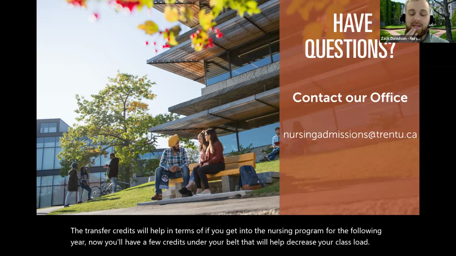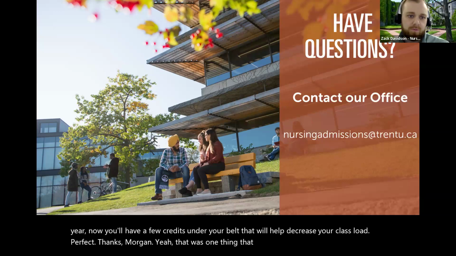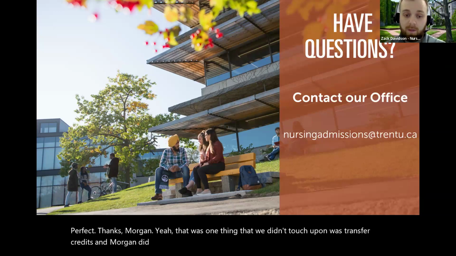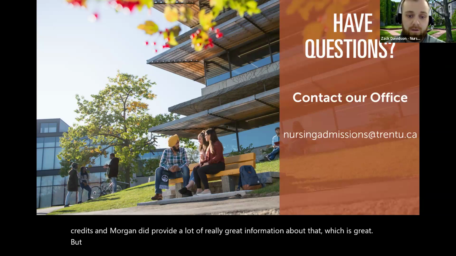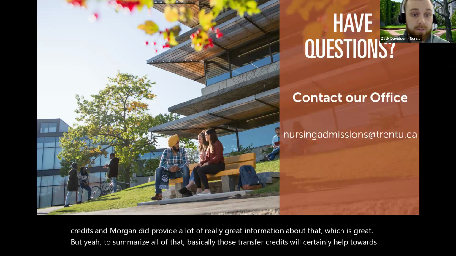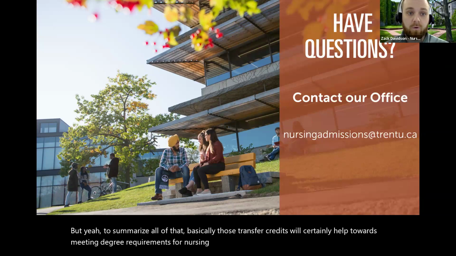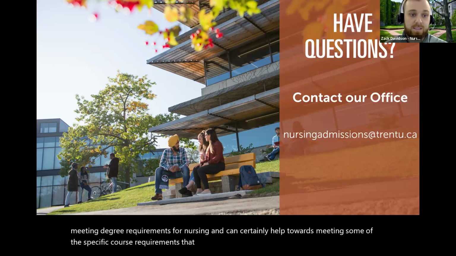Perfect. Thanks, Morgan. That was one thing that we didn't touch upon, transfer credits, and Morgan did provide a lot of really great information about that. To summarize, those transfer credits will certainly help towards meeting degree requirements for nursing, and can help towards meeting some of the specific course requirements that we ask students to take in that upgrading year.